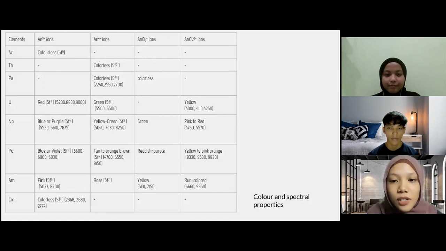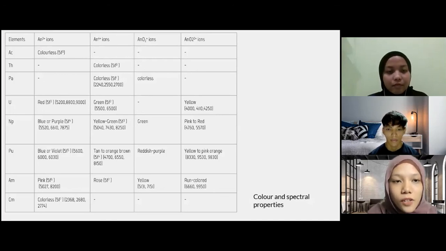Alright, this table shows the color and the spectral properties for the elements of actinides. As you can see, they have different oxidation states, which are 3+, 4+, 5+ and 6+ ions. It can be seen that they form different colors depending on the oxidation state of the element.